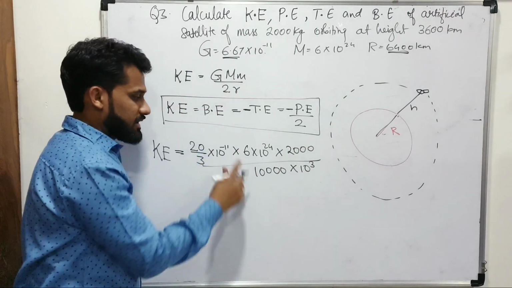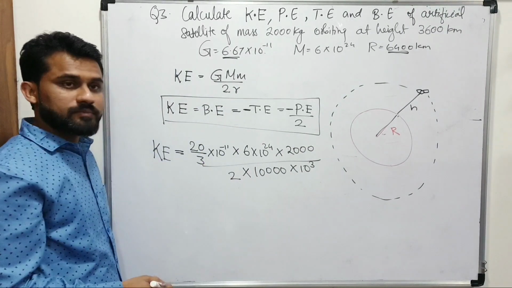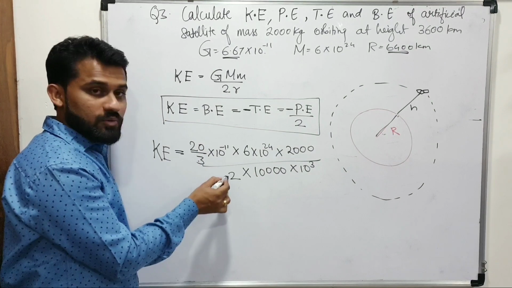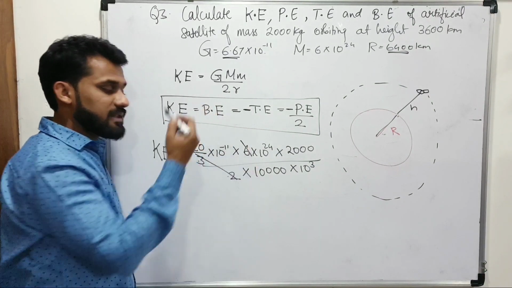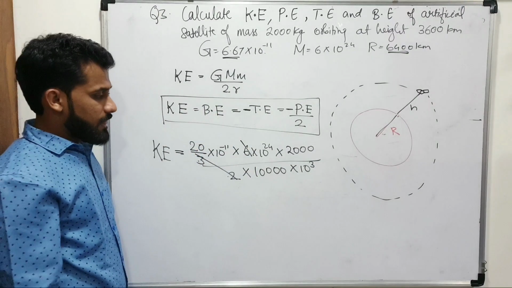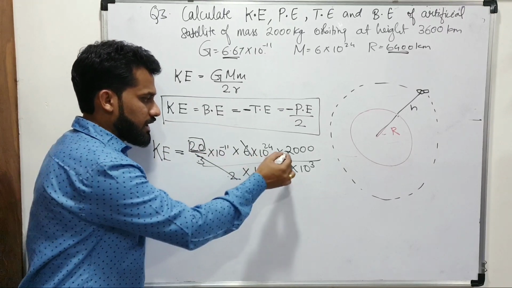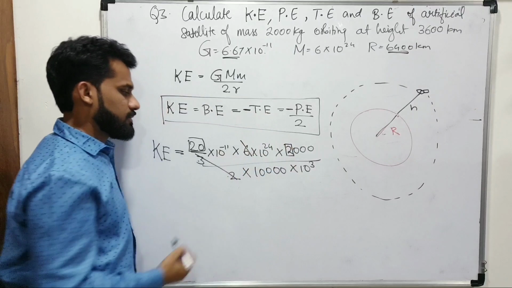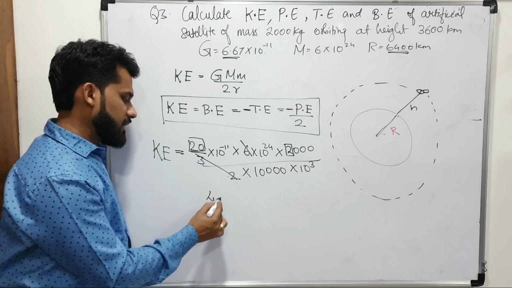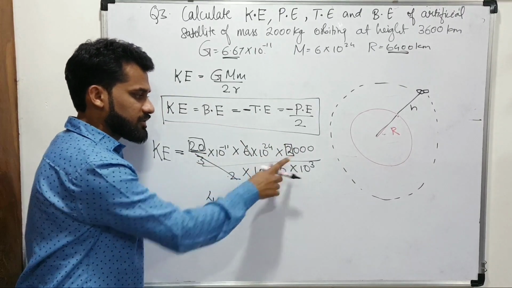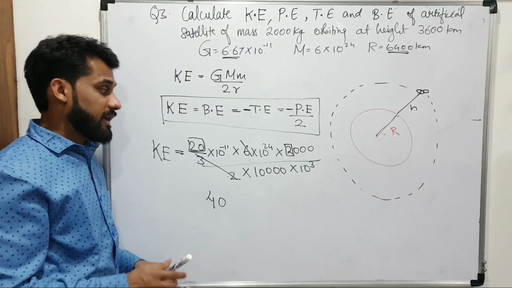The 2 is left, I'll multiply it with 2 as well. So this 3 and this 2 will make it 6, which will cancel with this 6. So now what is left is 20 into 2 is 40, and only the powers of 10 are left.